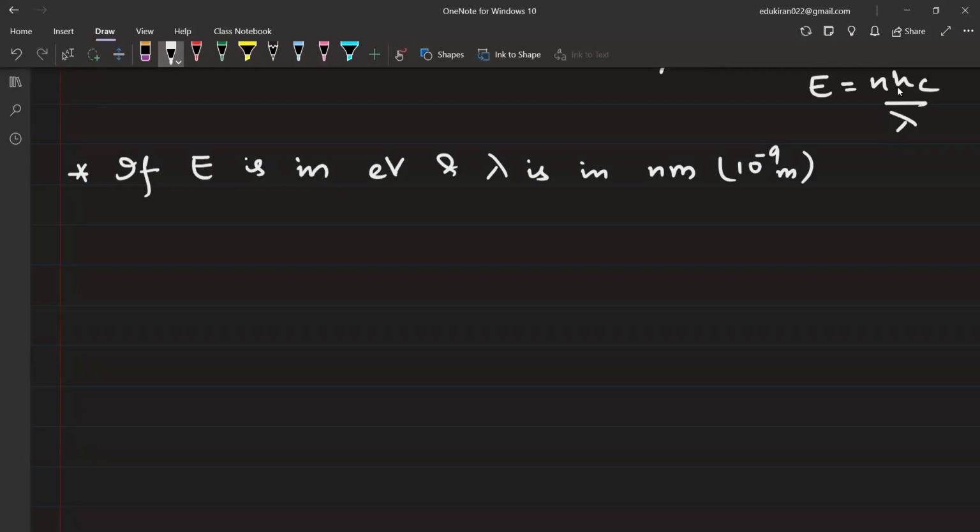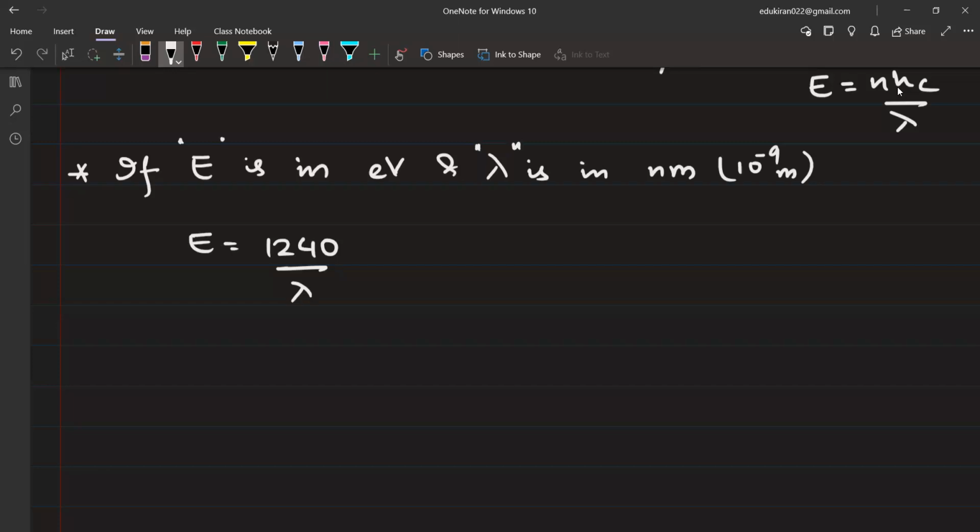So if E is in electron volts, I will tell you what an electron volt is, and lambda is given in nanometers, then the formula becomes E is equal to 1240 divided by lambda.